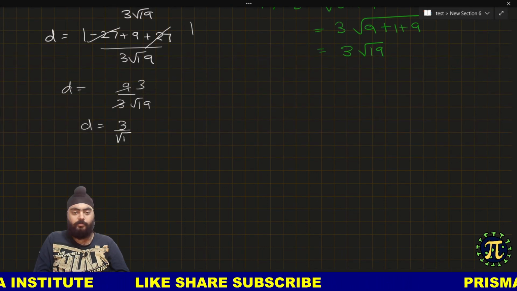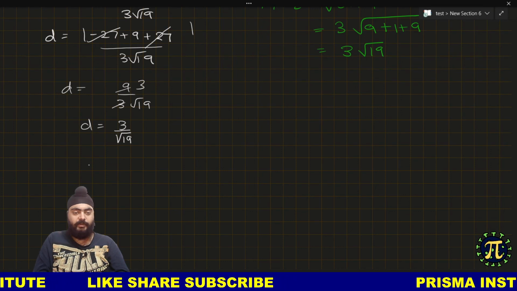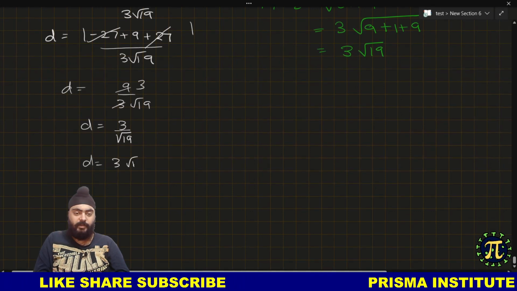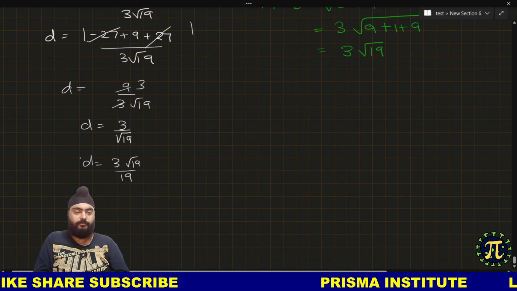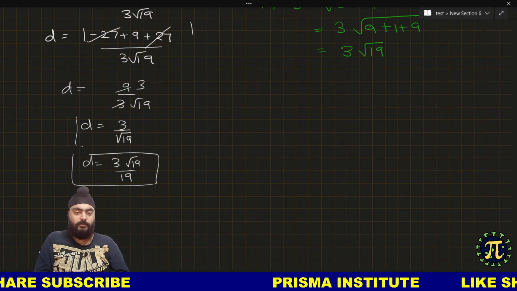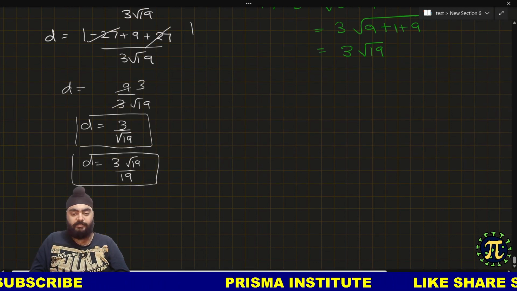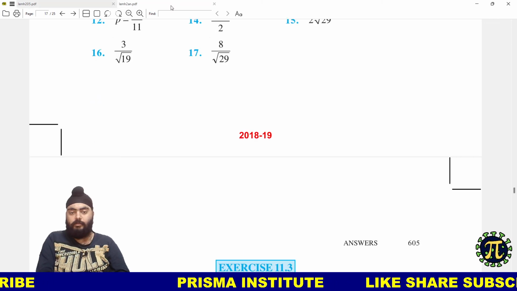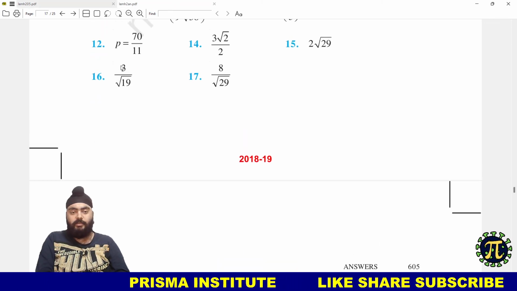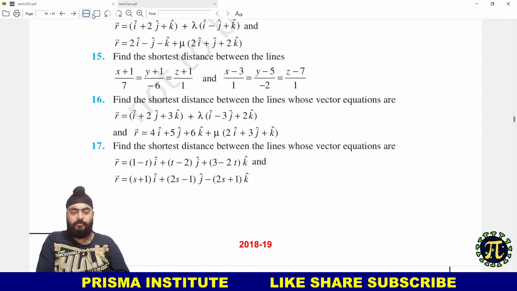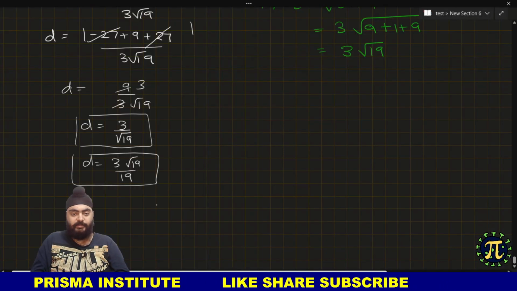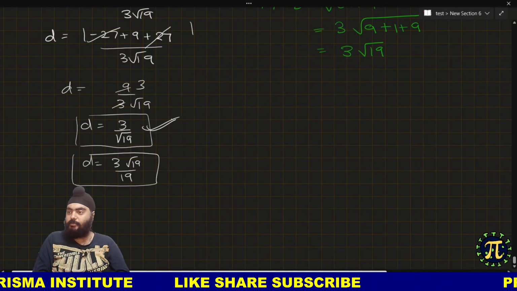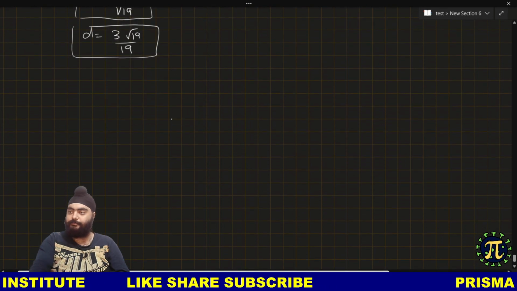If you want to, you can rationalize this to find result as 3 root 19 by 19. Okay. So let's check the answer from the back side of the book. So 3 by root 19 is the answer for 16. So our answer is correct. So let's move to next question.